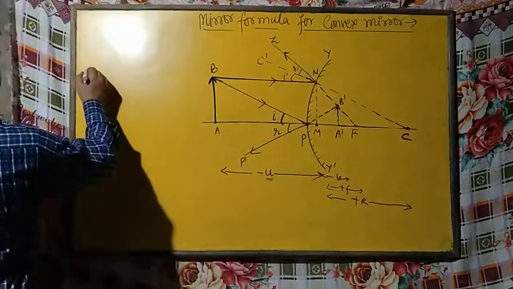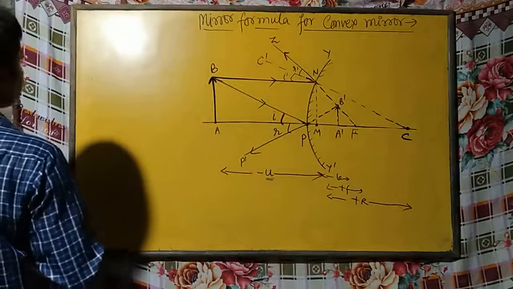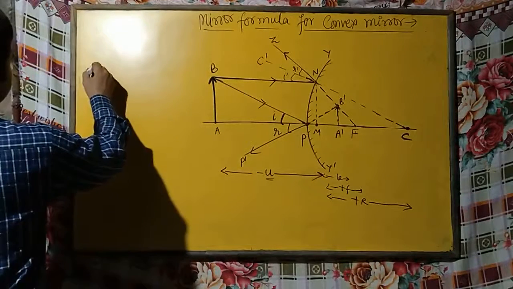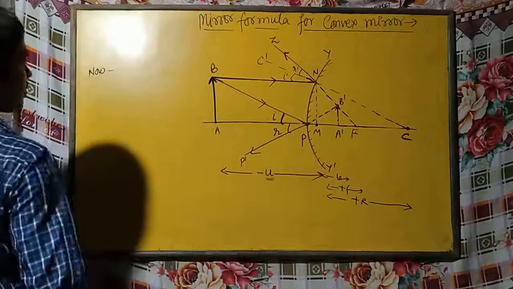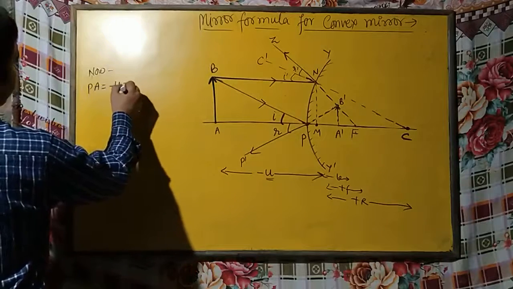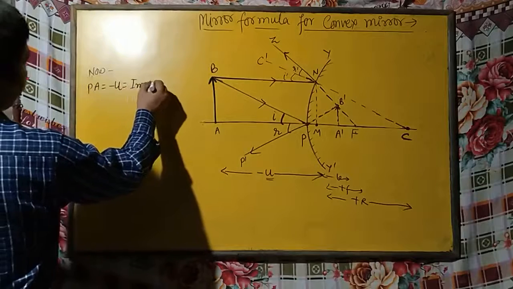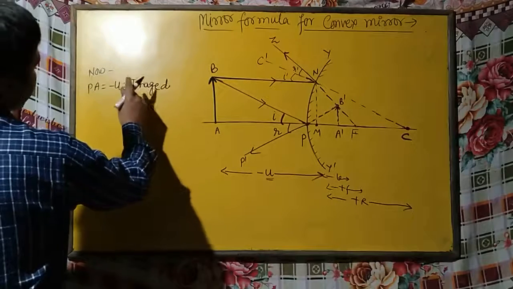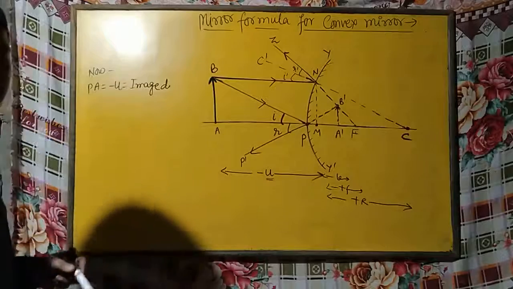Now PA is equal to minus u, object distance. Sorry, this one is actually object distance.